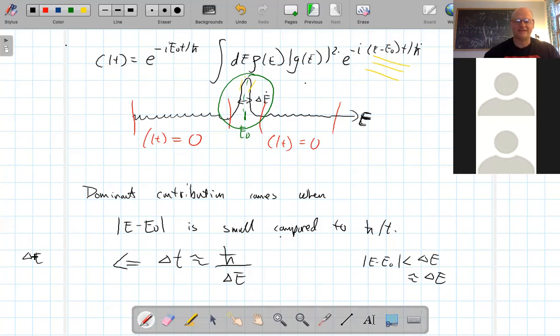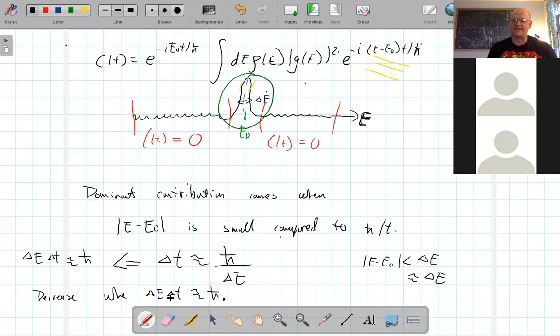Or if I call that delta t, it doesn't really matter how I call it. So this thing starts to lose its identity in a characteristic amount of time when delta t is approximately equal to h bar divided by delta E, which gives us our uncertainty relation, that delta E times delta t is approximately equal to h bar. So the correlation function will start to decrease when delta E times delta t is approximately equal to h bar. Okay. So this is where this uncertainty relation comes from.